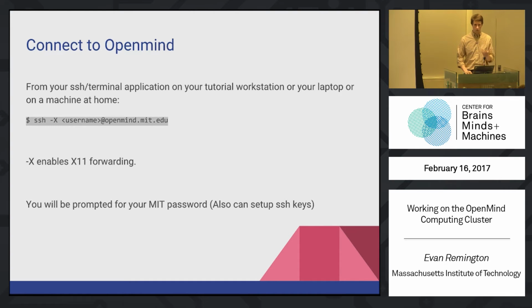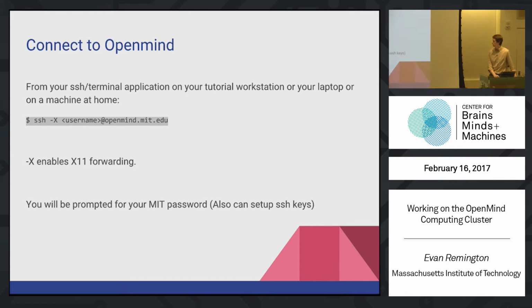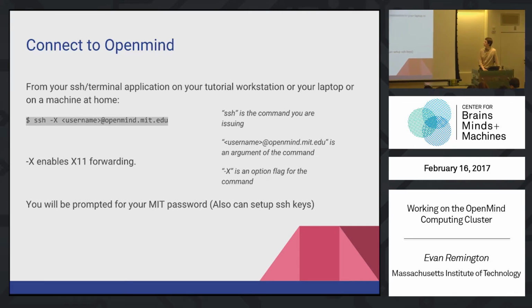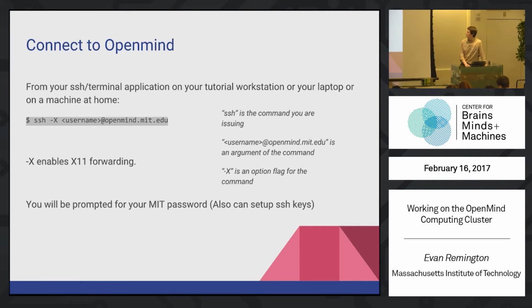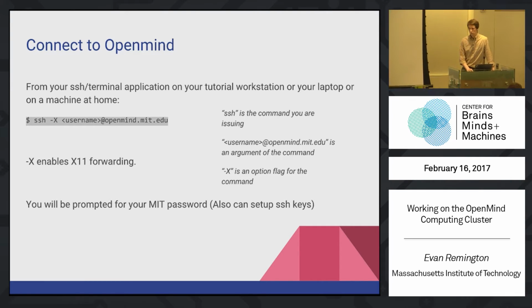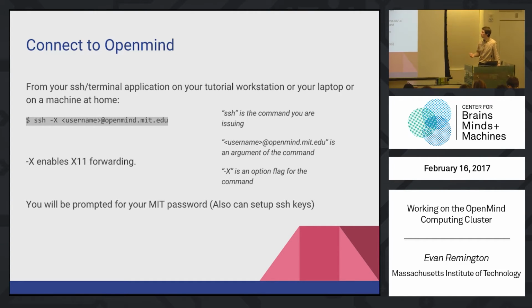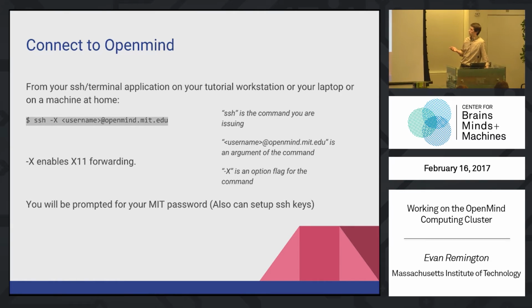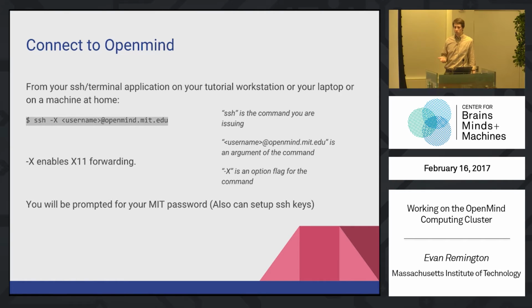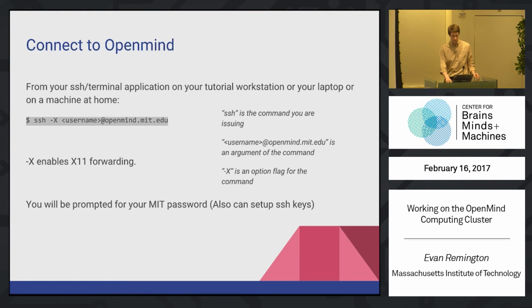And since we're going to try using X-forwarding, use the option -X. And then as the argument to the ssh command, which comes after all the options, you're going to type in your account, which is your MIT username at openmind7.mit.edu. That's a typo. I forgot to update that.